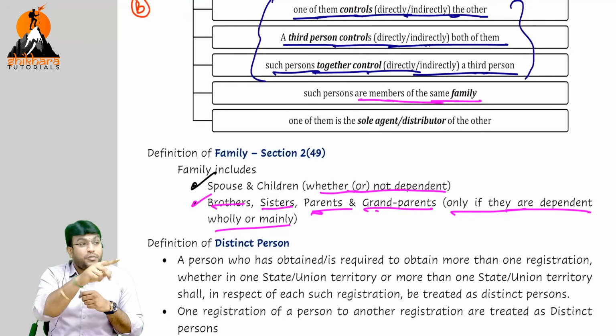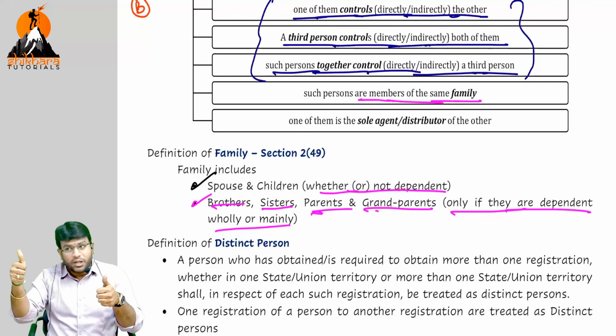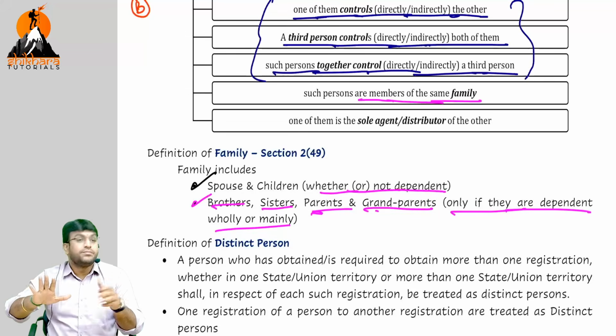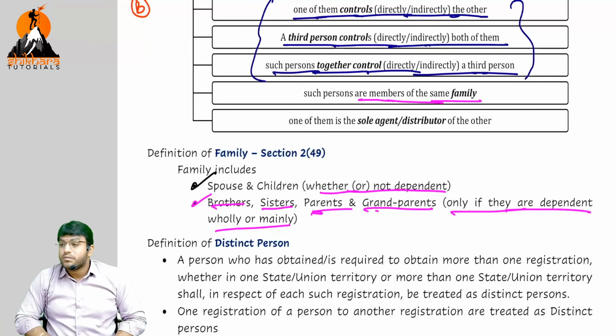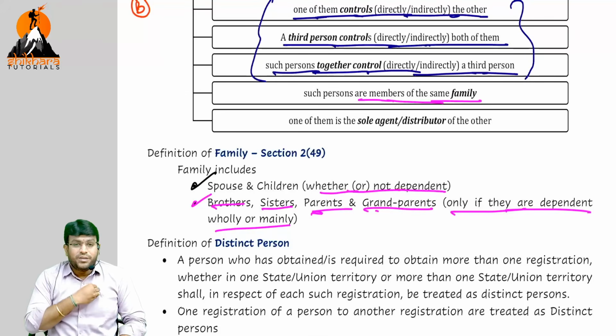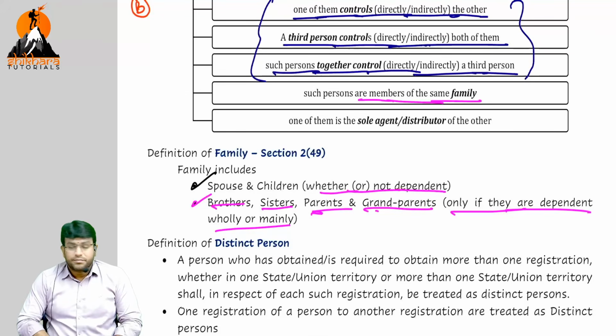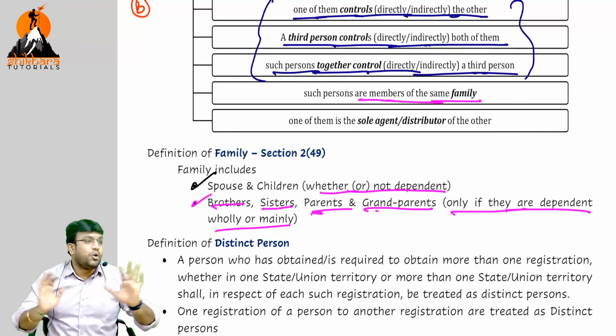He is also not financially dependent on me. I am not dependent on him. Guys, got it? From GST point of view, is my father a related person to Shiva Teja? Speak out.